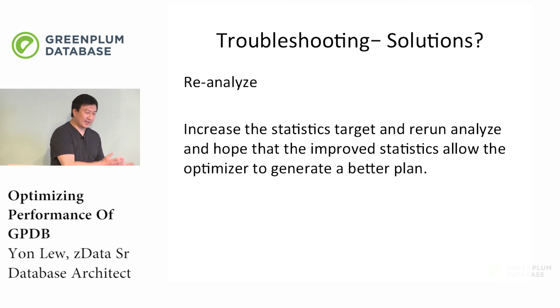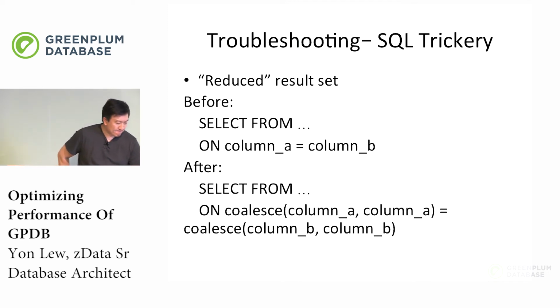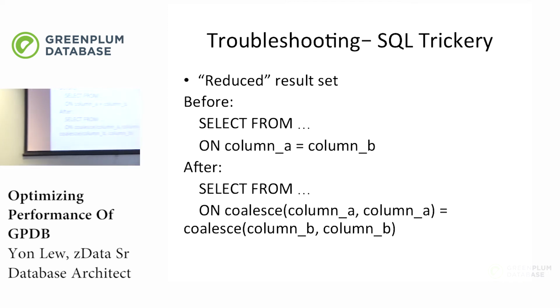The profile for the data for that date has changed, and it's changed in some fashion that the optimizer thinks that a broadcast is better than a redistribute. So hopefully, if we reanalyze with a higher stats target, the optimizer will be able to produce a better plan. We didn't actually try that.